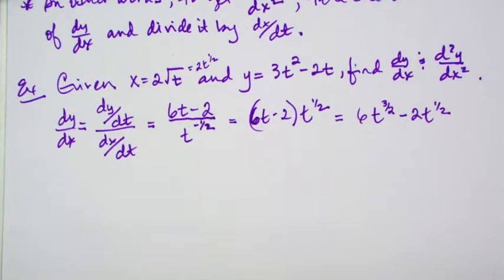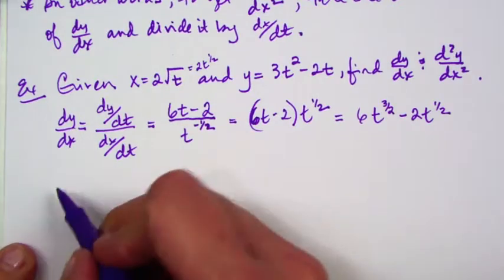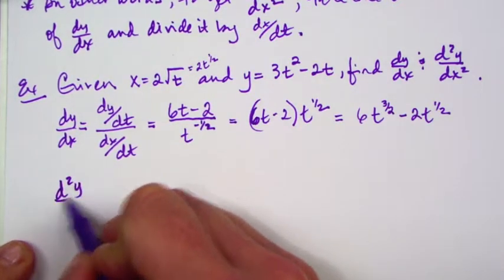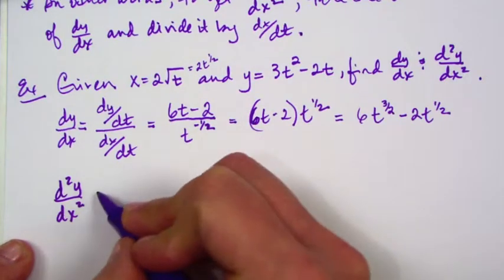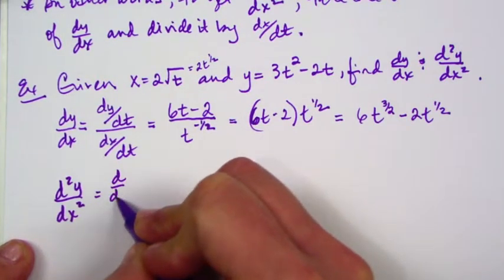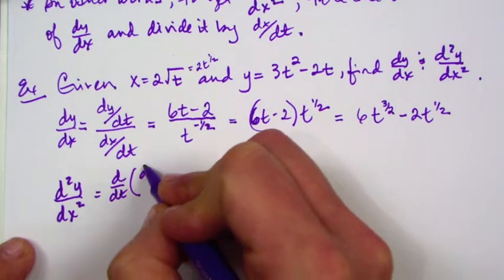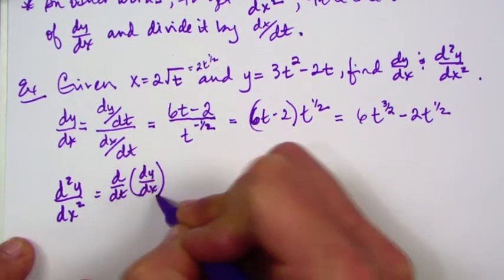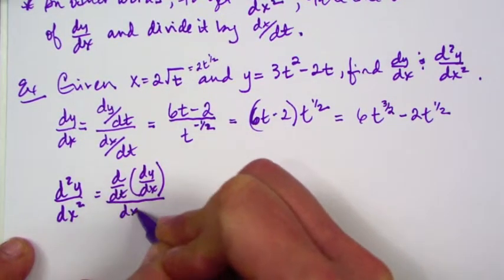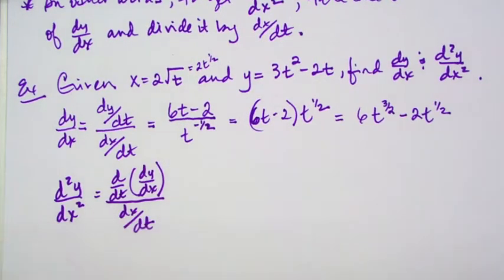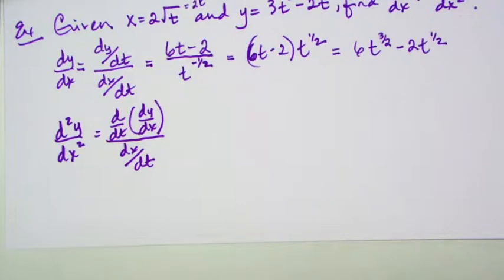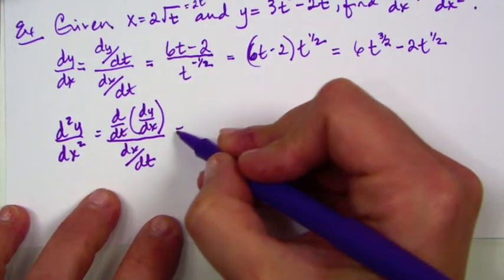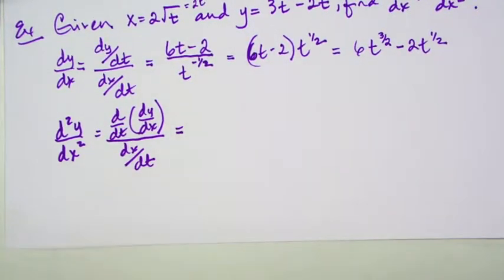Anybody with me there on the first derivative? Okay, so the second derivative says to take the derivative with respect to t of dy/dx and put that over dx/dt. Is that the same dx/dt we already found?